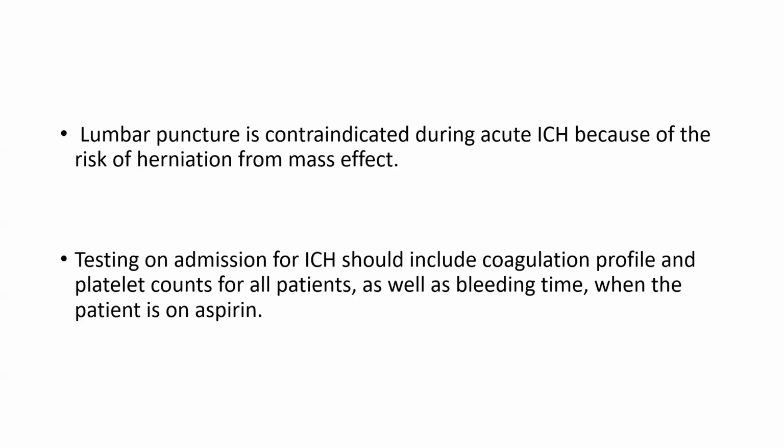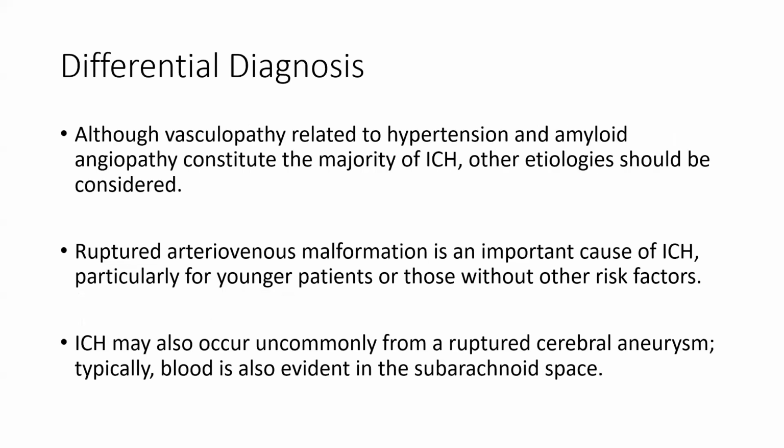Lumbar puncture is contraindicated during acute ICH because of the risk of herniation. Testing on admission for ICH should include coagulation profile, platelet count for all patients, as well as bleeding time when the patient is on aspirin.